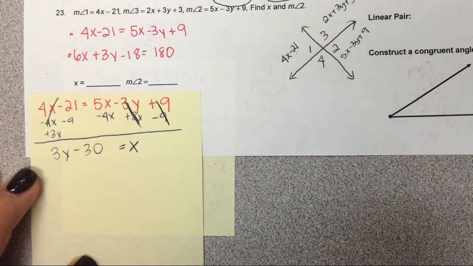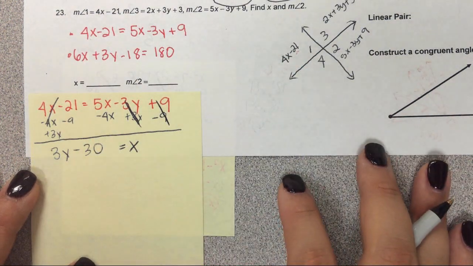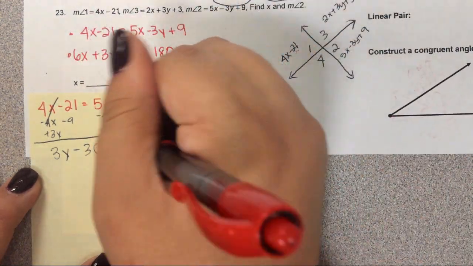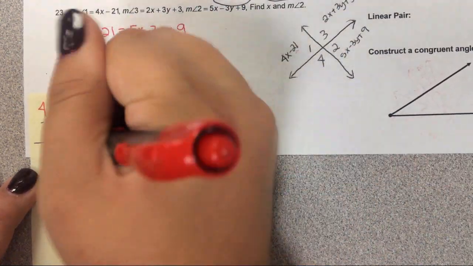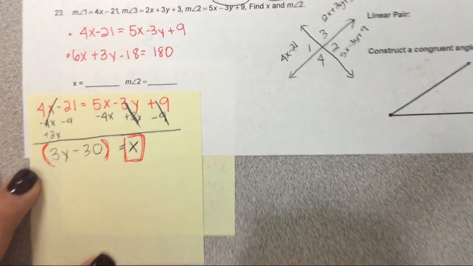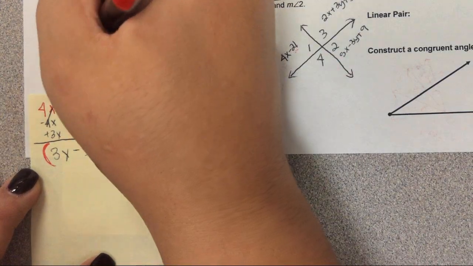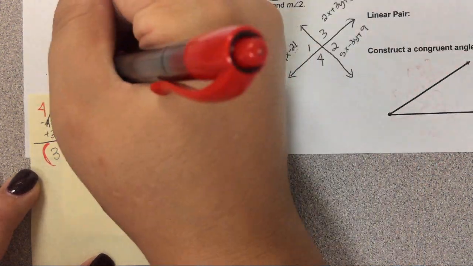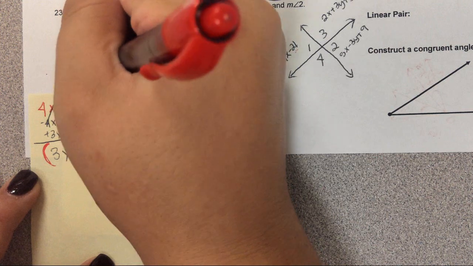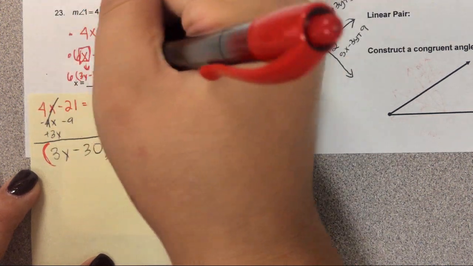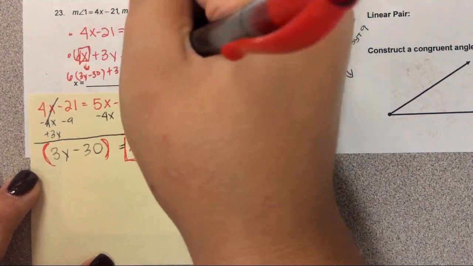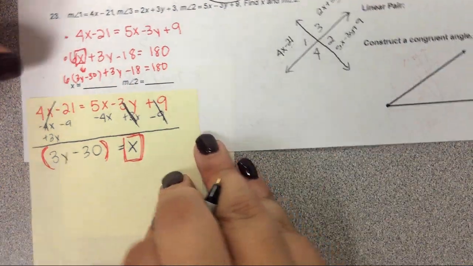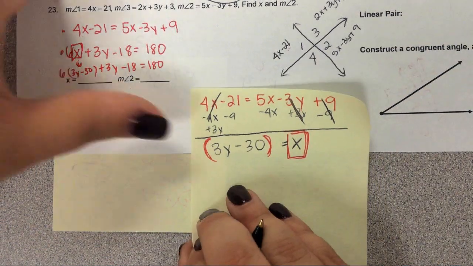I really wish I would have set that up differently so y'all could have more room, but it's okay. Now, I have an x. What does x equal? 3y minus 30. I'm going to take out this x, and what am I going to replace it with? 3y minus 30. And I'm going to bring everything else down. Okay, I guess I should move that over here.